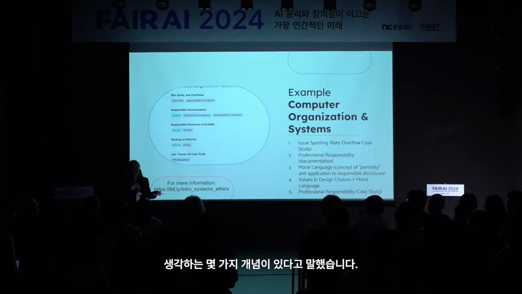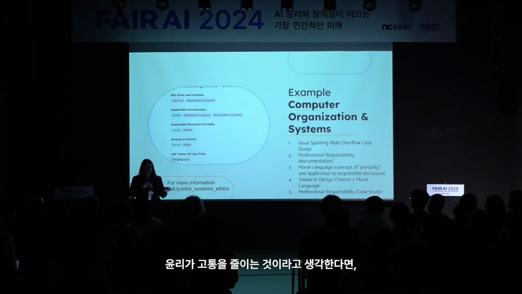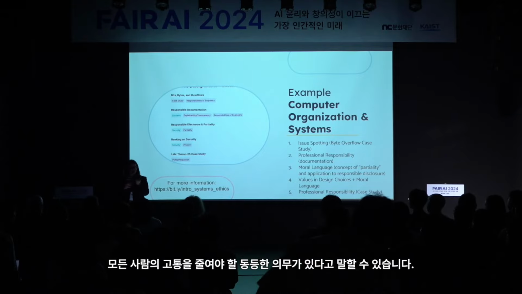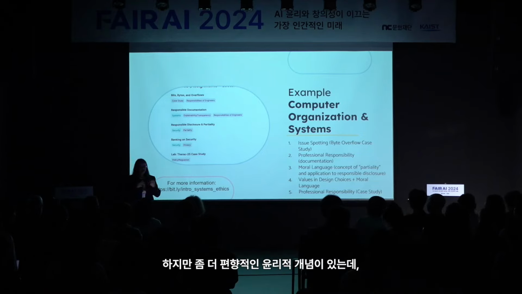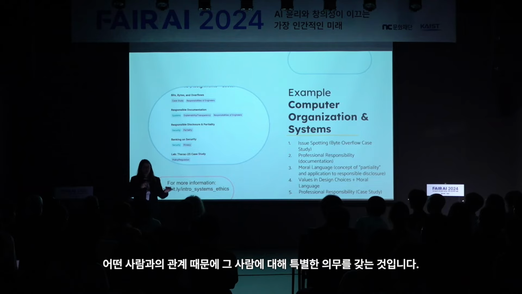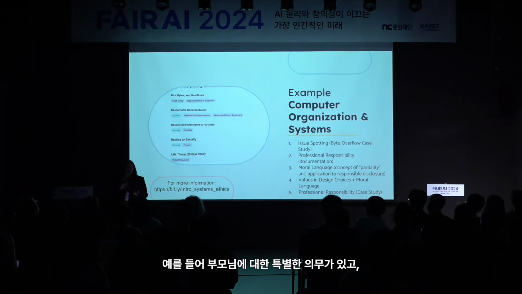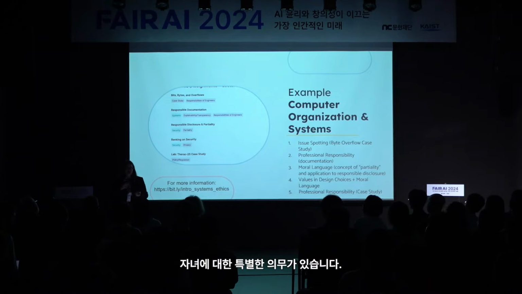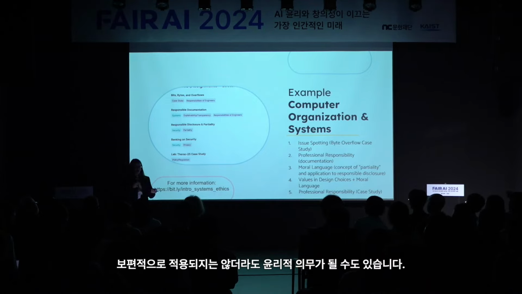So if you think that ethics is about reducing suffering, you might say you have an equal duty to everyone to reduce their suffering. But there are other ethical concepts that are more partial, where you have special duties to some people because of your relationships to them. So for example, you have special duties to your parents. You have special duties to your children. Those can also be ethical duties, even though they're not universally applied.